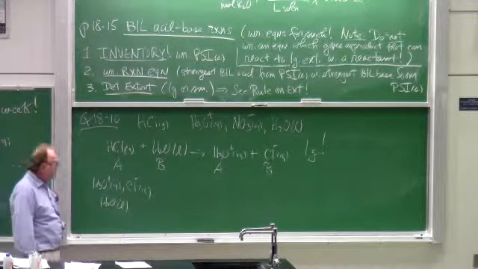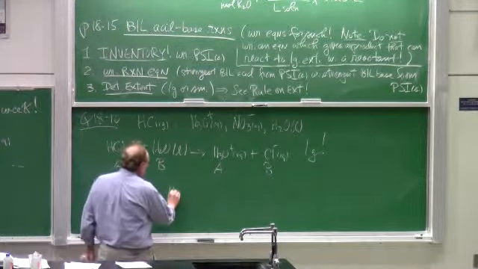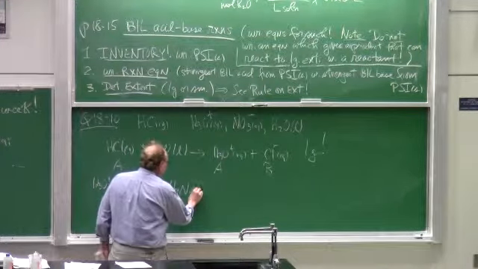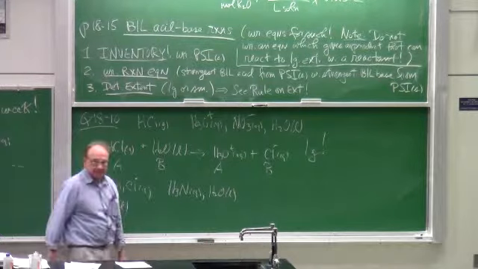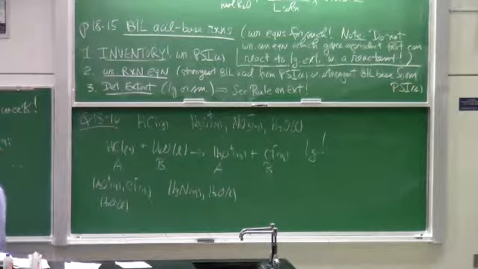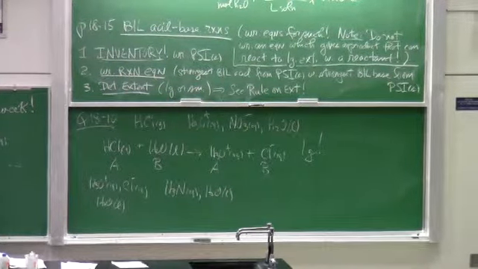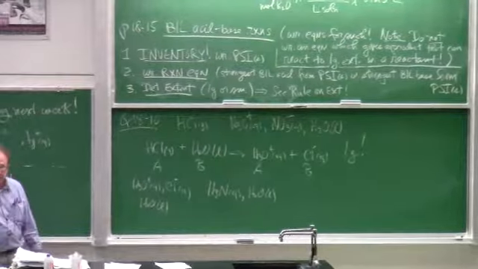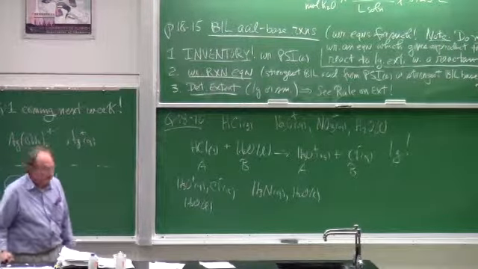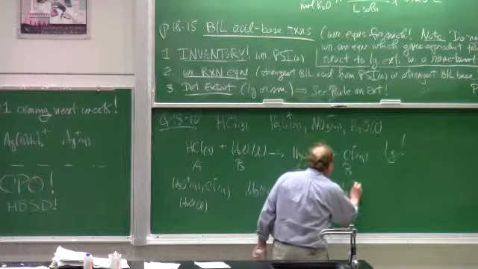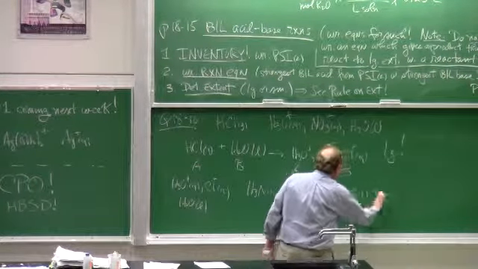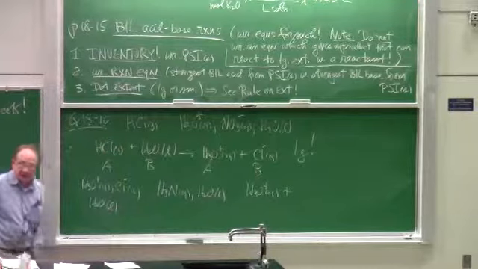PSI ammonia solution. There it is. Ammonia, weak base. So here are my PSIs. From this list, I pick my strongest acid. What is it? There. From this list, I pick my strongest base. What is it?